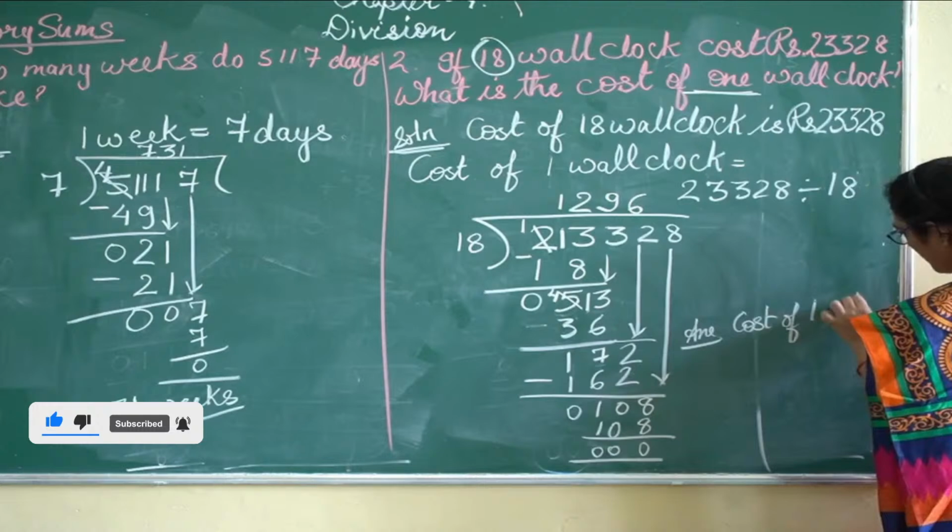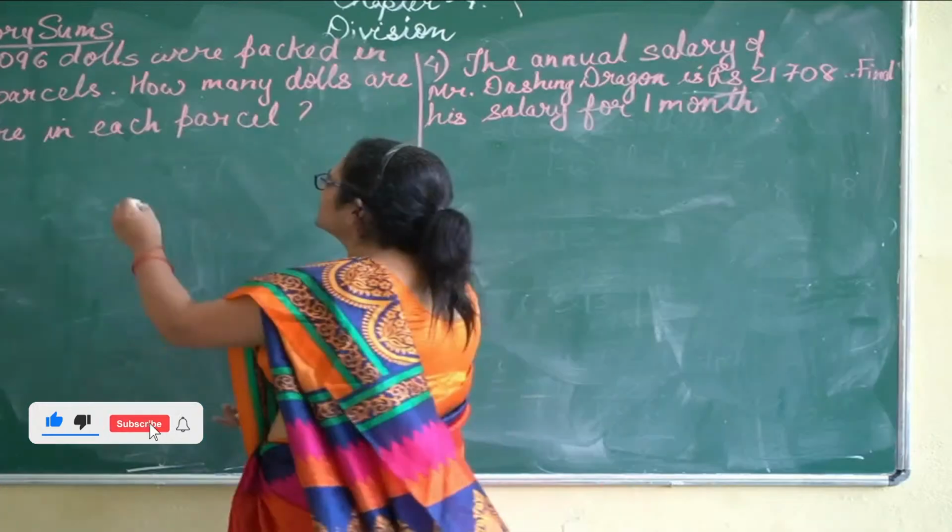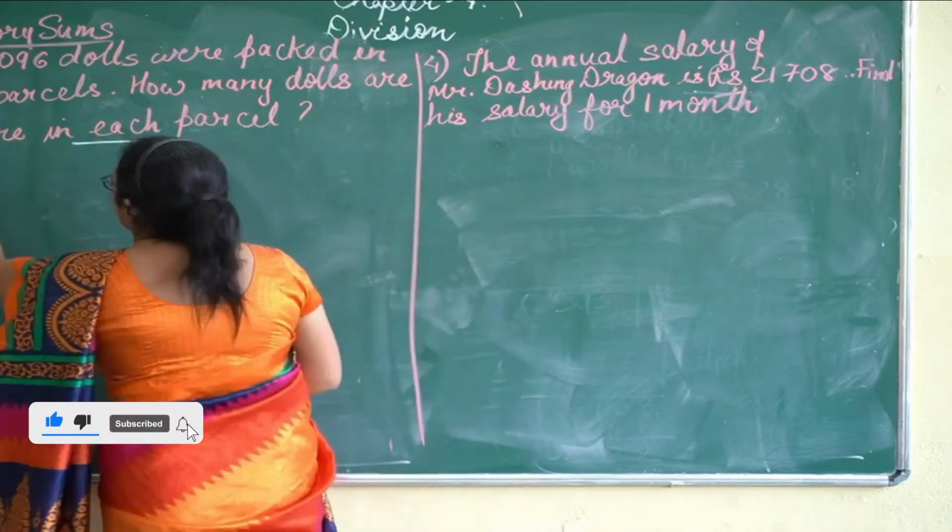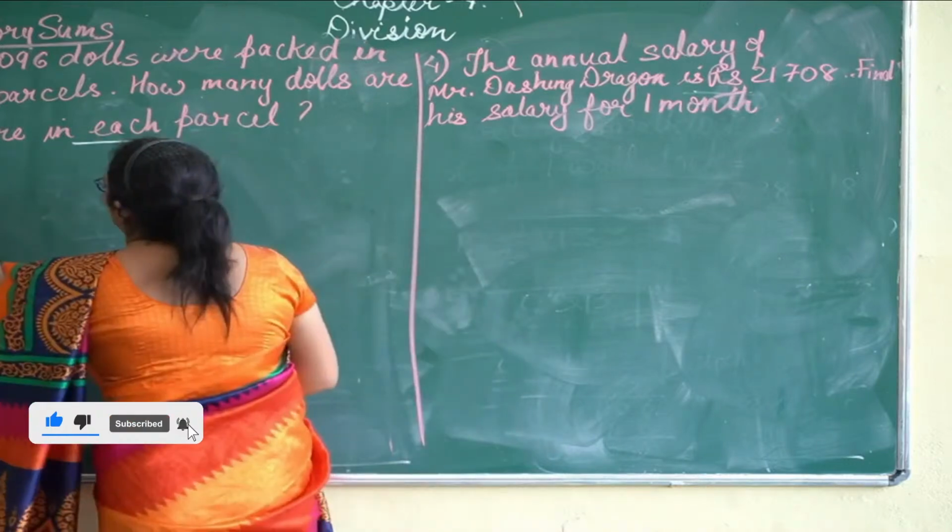Next question, third story sums. 4,096 dolls were packed in 32 parcels. How many dolls are there in each? I told you, for one and each, you have to divide. Now for this question I am not writing the statement, I am only showing how to divide. The statement you will write on your own.